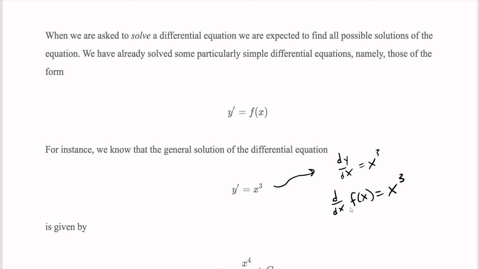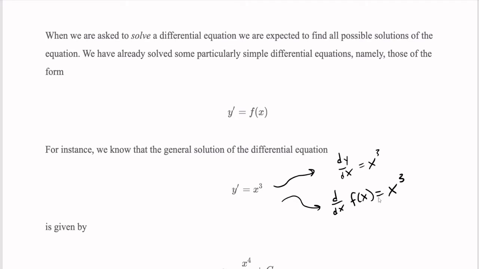And I think maybe if you didn't see what was happening before, this is the one that might get you there. What is this equation saying? It's saying when I take the derivative of some function f, I get x cubed. You might be like, wait a minute, am I just doing the antiderivative? Because that was how I tackled this before, right?